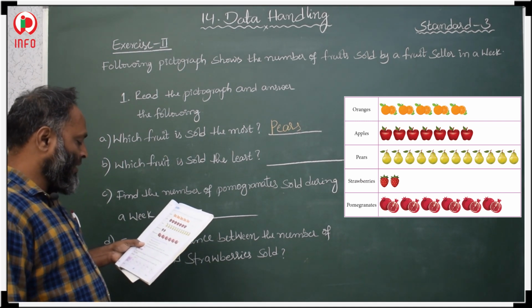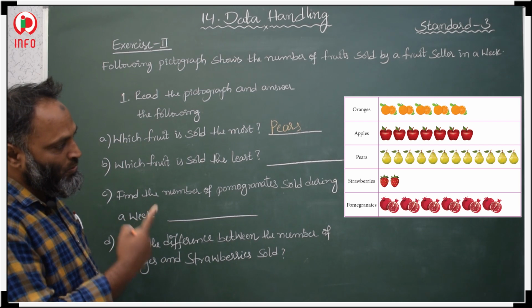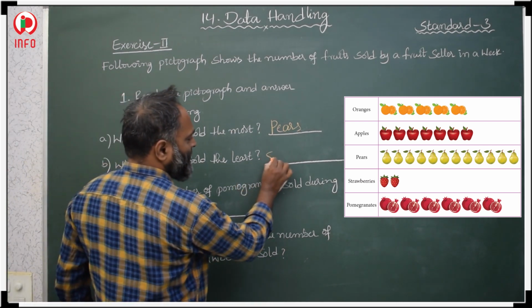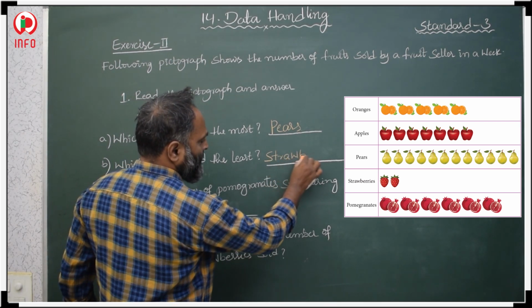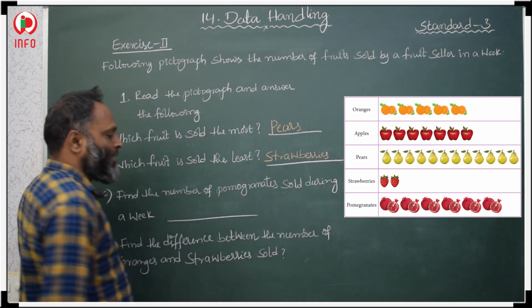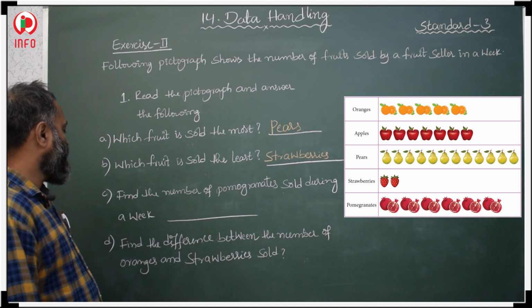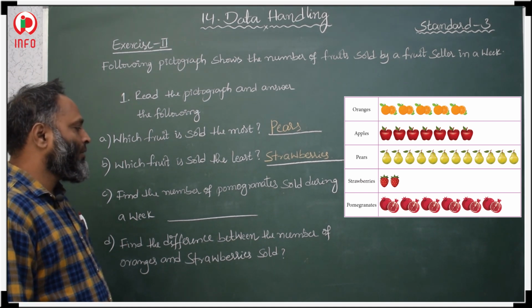Then which fruit is sold least? Only 2 strawberries, that is the least. Strawberries.